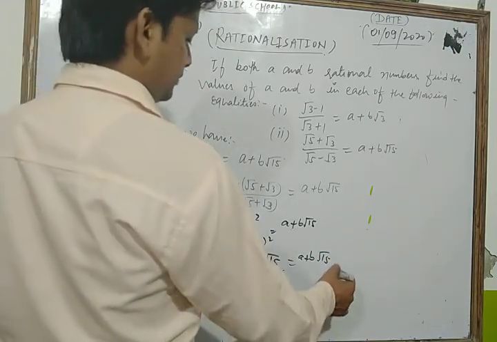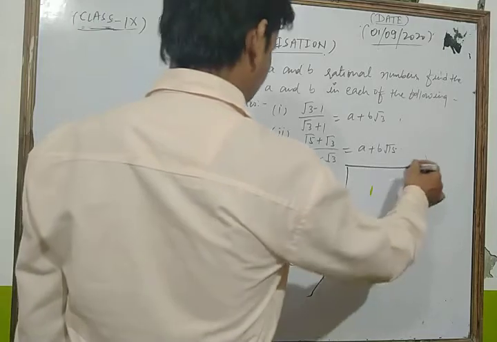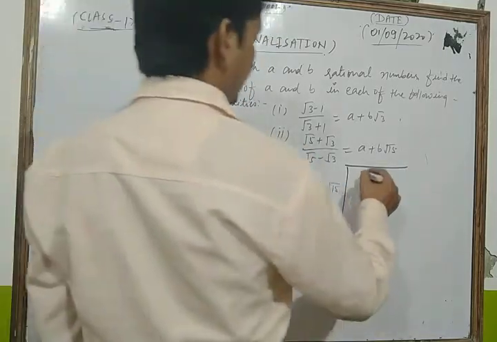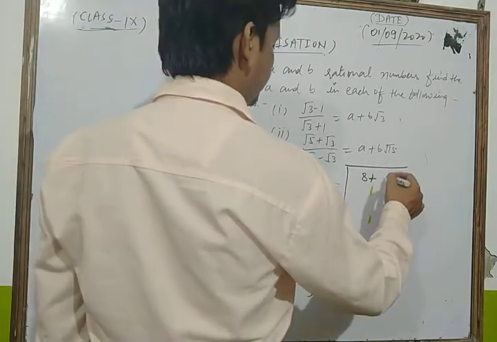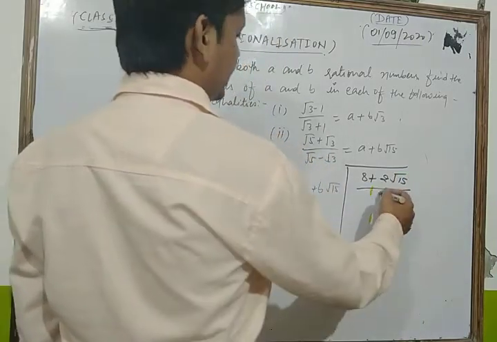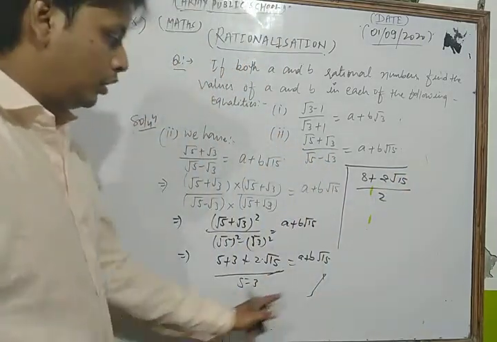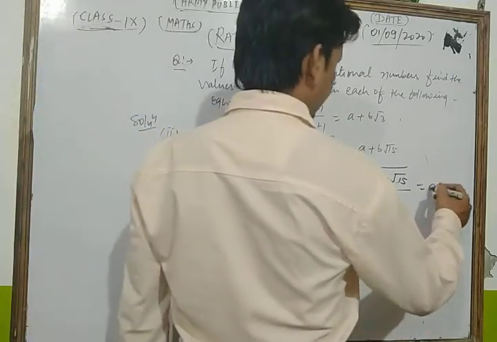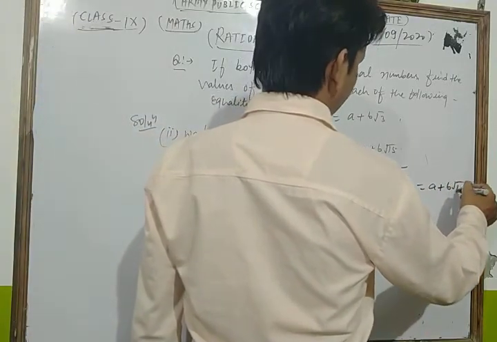Now look, we have 5 plus 3 is 8 plus 2 root 15 upon, in denominator, 5 minus 3 is 2, and on the right hand side we write a plus b root 15 as it is.